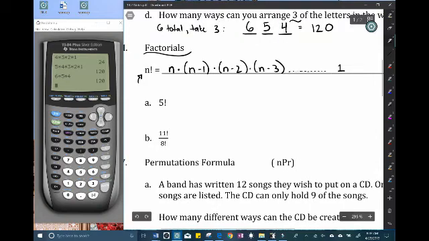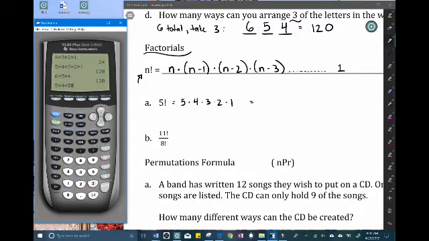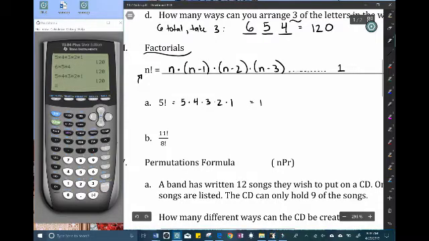5 factorial looks like 5 times, well, 5 minus 1 is 4, and 5 minus 2 is 3, and 5 minus 3 is 2, and 1, and that's where we stop. 5 times 4 times 3 times 2 times 1. And we just did that above, you get 120.